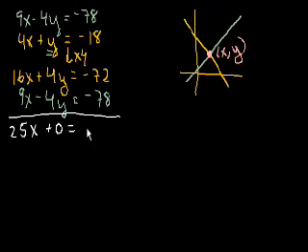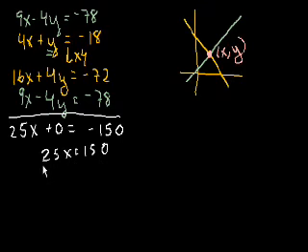So let's see, that's minus 150. Right? We're just adding them all together. So we have 25x equals minus 150.